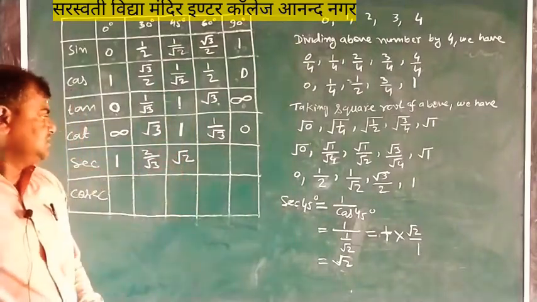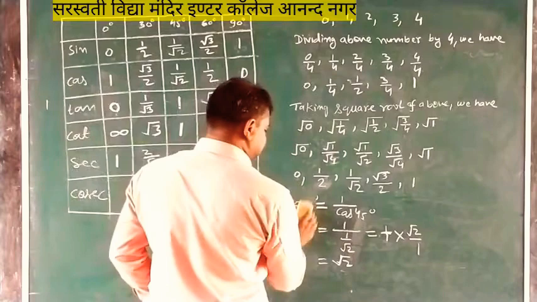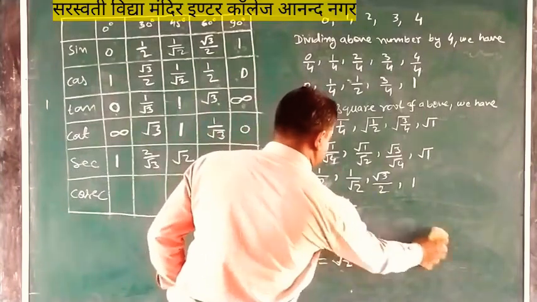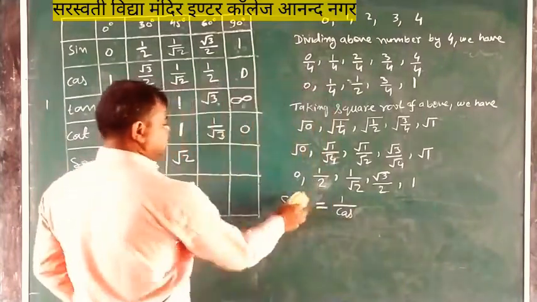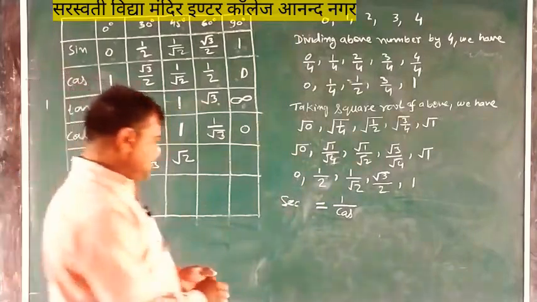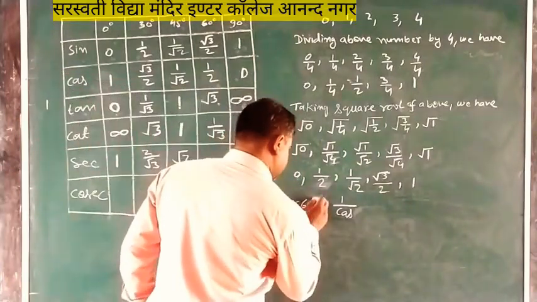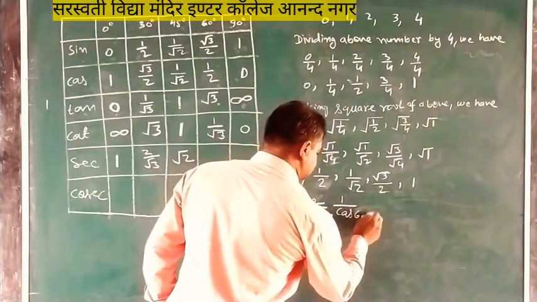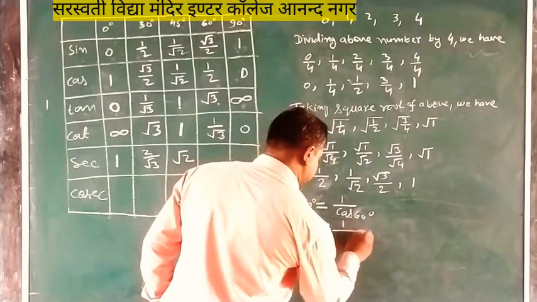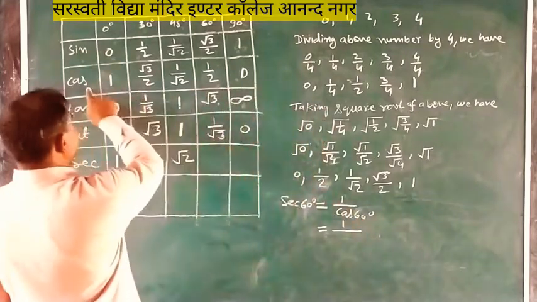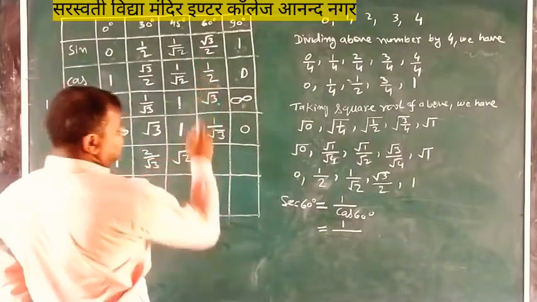And next, sec 60 degree is equal to 1 by cos 60 degree, and the value of cos 60 degree is 1 by 2.